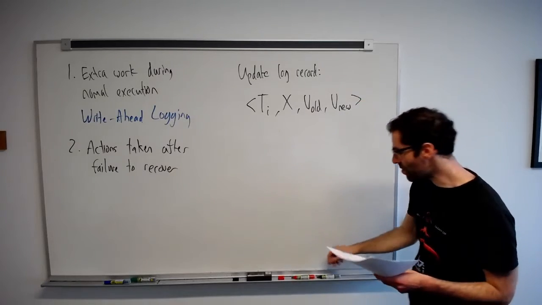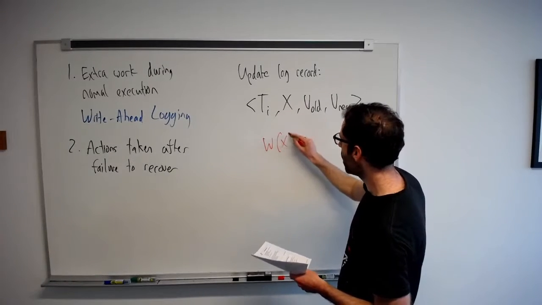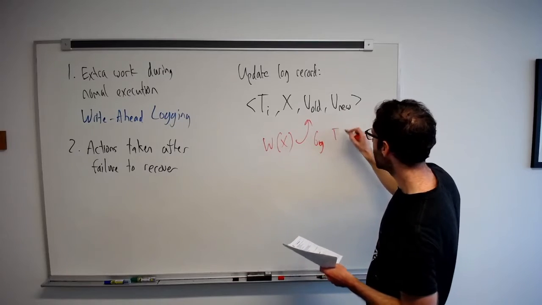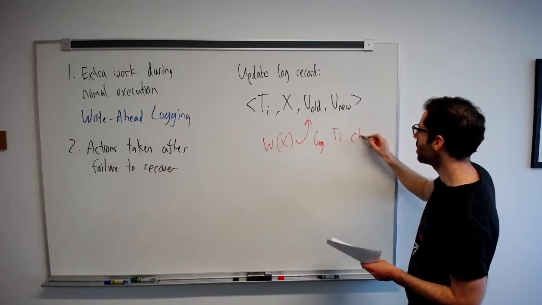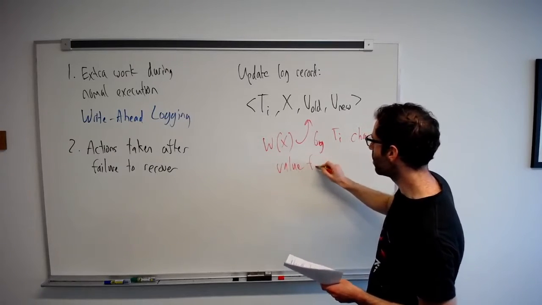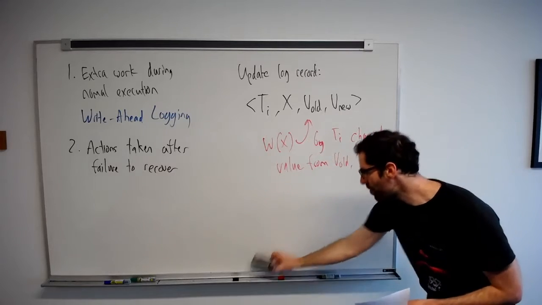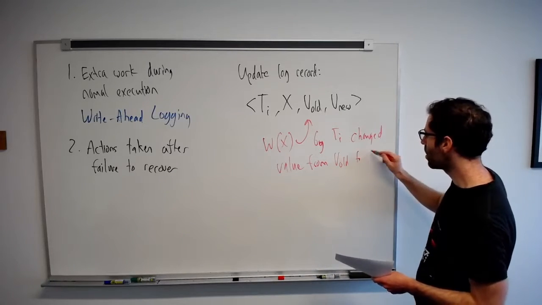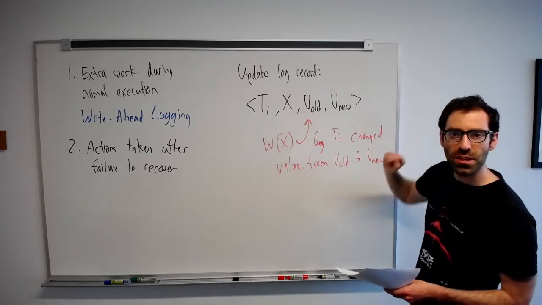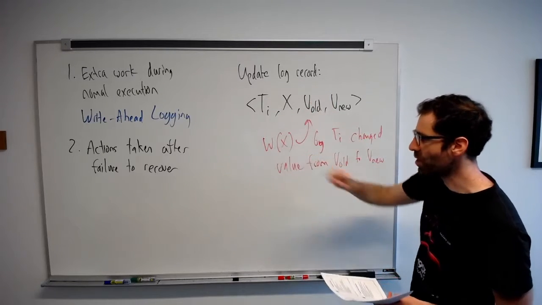So if we had a write of X by Ti that changed the value from V old to V new, we would make an entry in our log like this in order to record that this write took place.